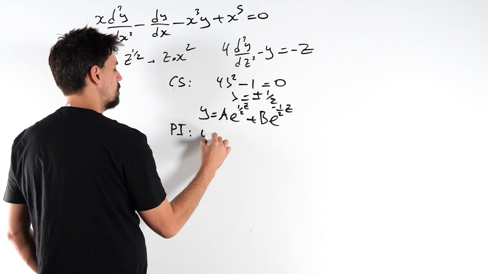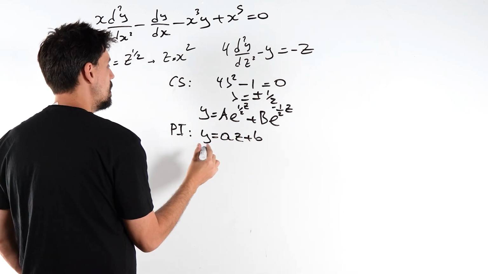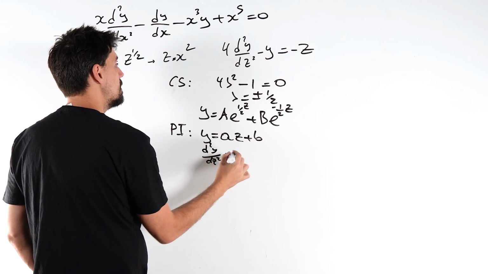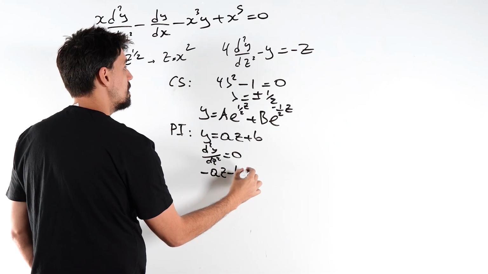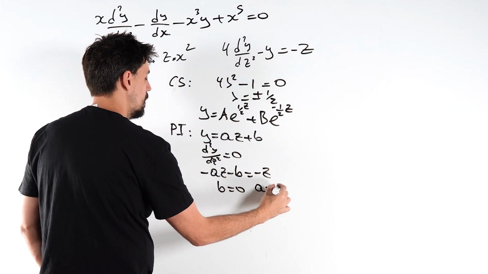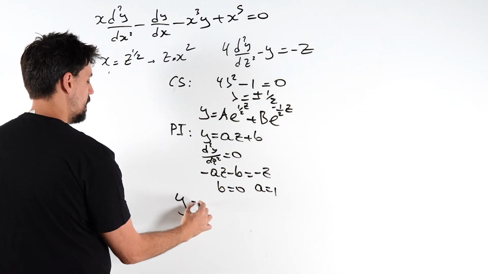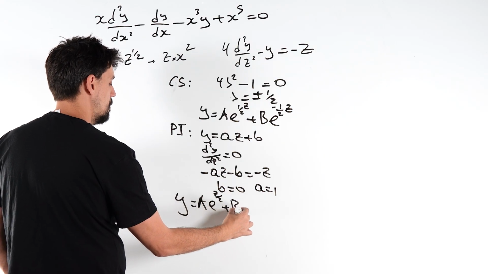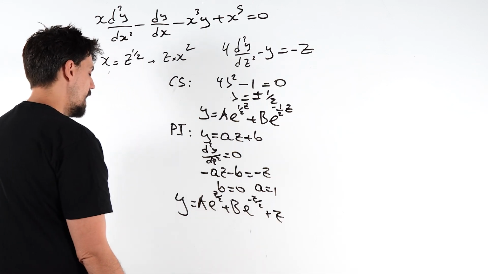Nice and linear. Let's try a nice linear function, which does mean, of course, that d2y/dz squared is 0, so awesome. Let's plug that in. We probably could have just done this by inspection. That tells me that b is 0, a is 1, which gives me y is a e to the z/2 plus b e to the minus z/2 plus z.